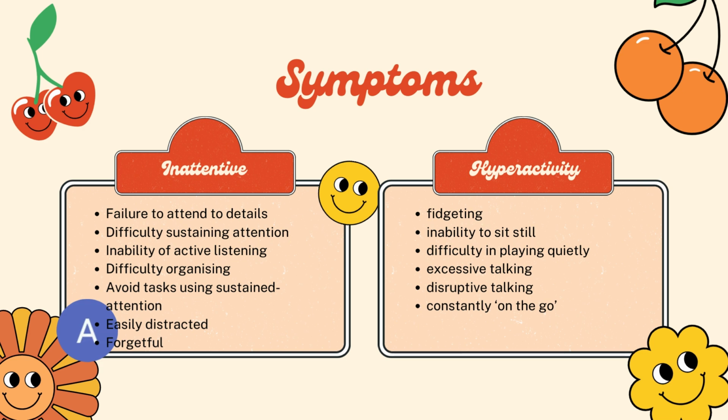Those with inattentive presentation will also be seen as easily distracted and forgetful. So their attention, as mentioned before, their attention span is very small. Hence, while doing one thing, they might suddenly be distracted by the noise or be distracted by the visual they see in another object or another person.